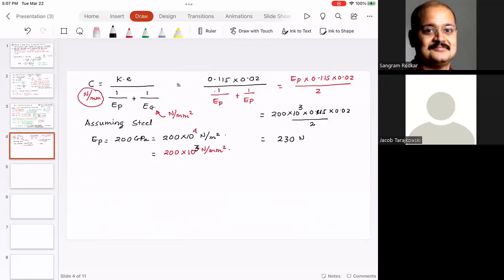So you are welcome to use 230. And as you can clearly see, that is in this table. Can you see 0.02, 238 steel to steel? Does that make sense?